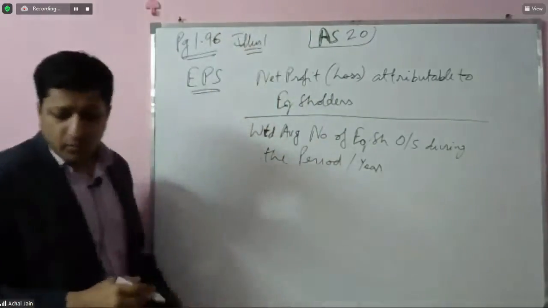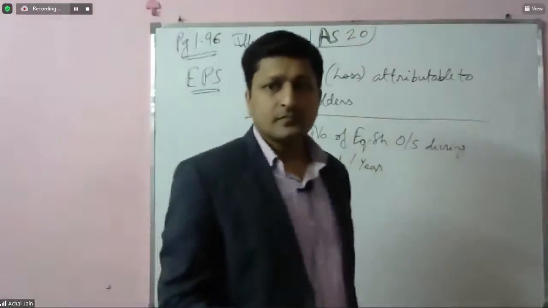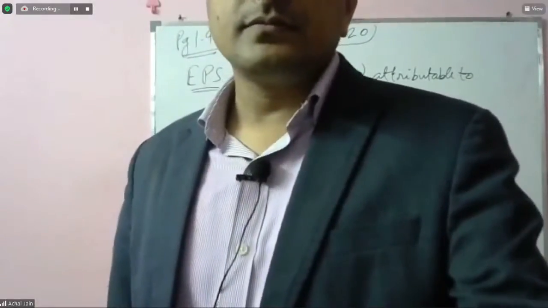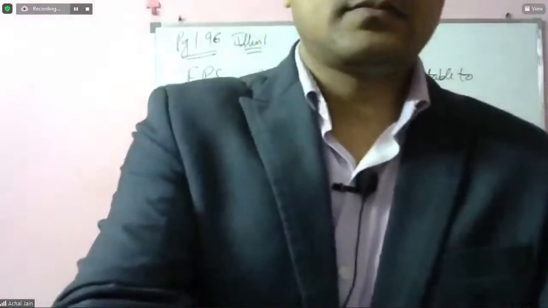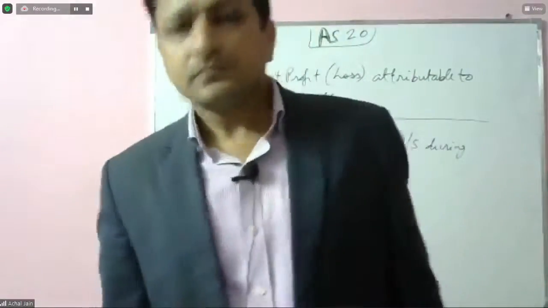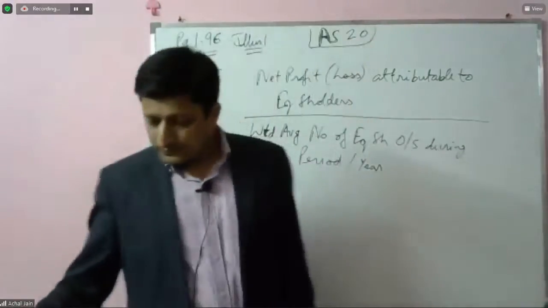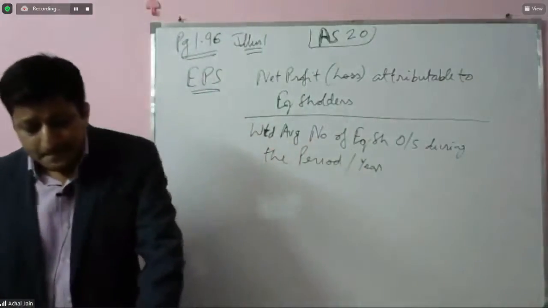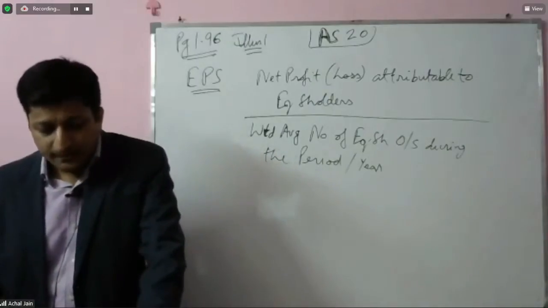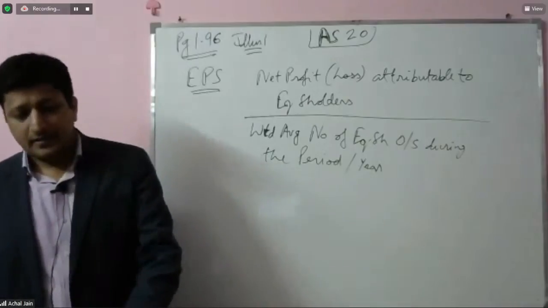Go to page number 1.96, illustration number 1. If you have any questions or queries in the meantime, you can let me know. So we are given the number of shares as at the beginning of the year, 1st of January, 1800.